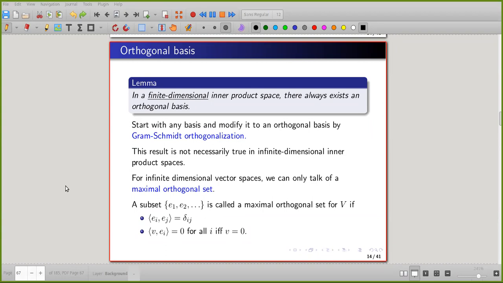Someone has asked a question: these Ei's are the unit vectors in each direction. Now we have to be a little bit careful here. When you use a term like this, you have already assumed that your vector space is like Rn.